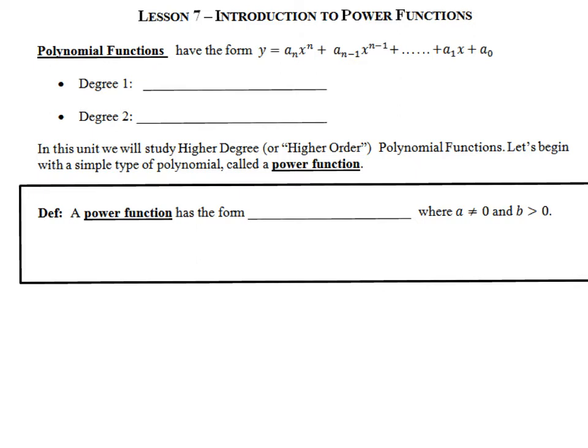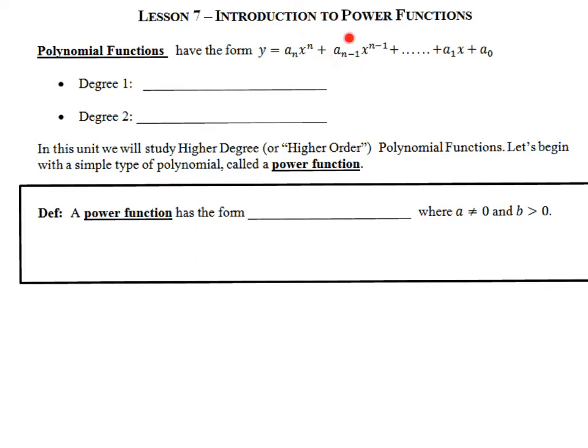Now, don't be put off by this notation here. You'll notice that each term has a coefficient. The coefficient is the a sub n. That just means it's the coefficient of the nth term, or the coefficient of the term that has the power of n.